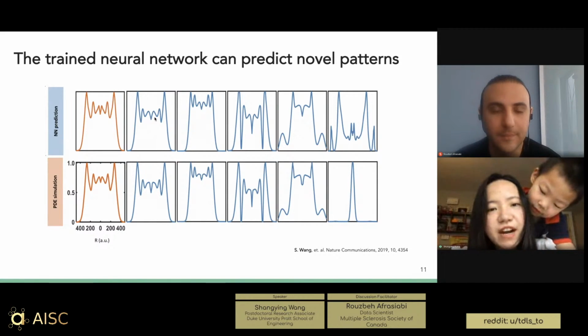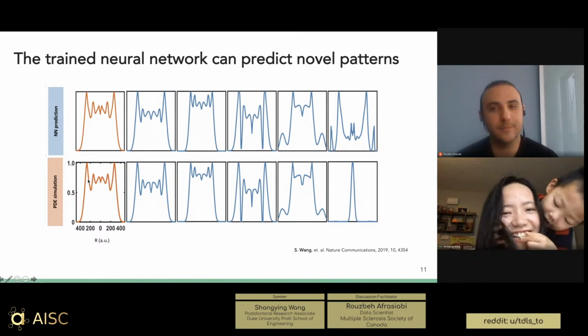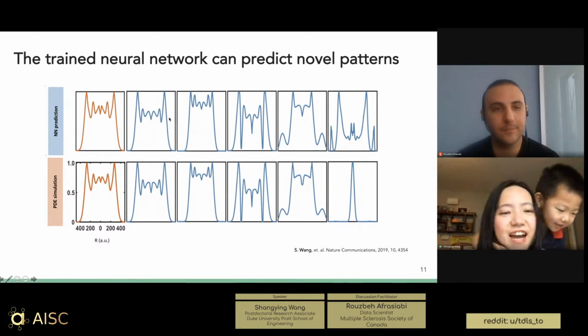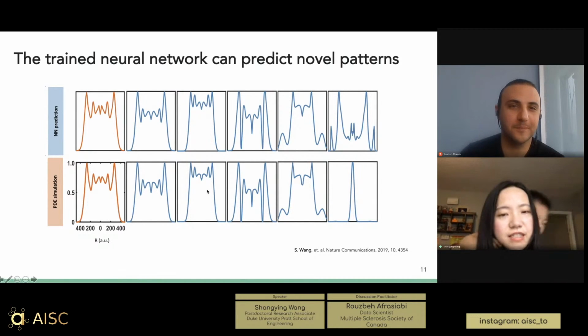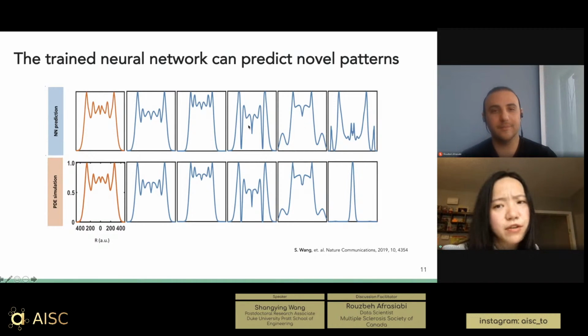After I found all of these, I used PDE simulations to validate whether these findings are true or not. You can see for most of the cases, the neural network works very well. However, sometimes the neural network can see ghosts like this.